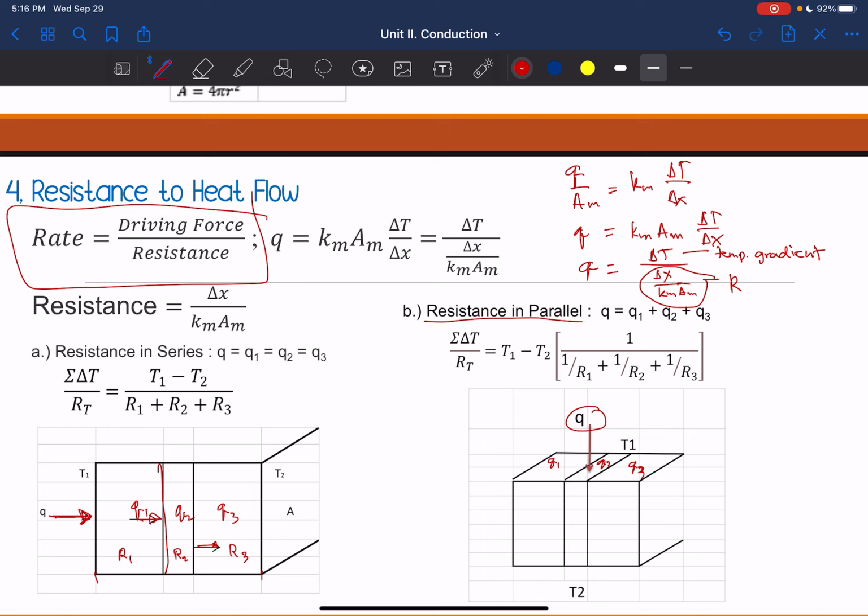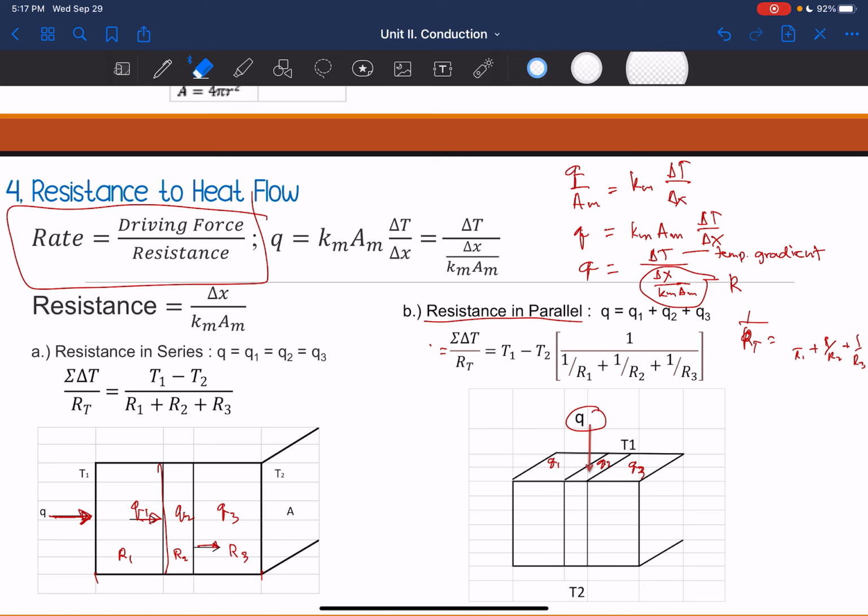That's why you have here your driving force over resistance, or the summation of delta T over R, which is of course your Q, would just be equivalent to T1 minus T2 because the resistance, if you have a parallel, you have your R total would just be 1 over, or 1 over R total would be 1 over R1 plus 1 over R2 plus 1 over R sub 3.